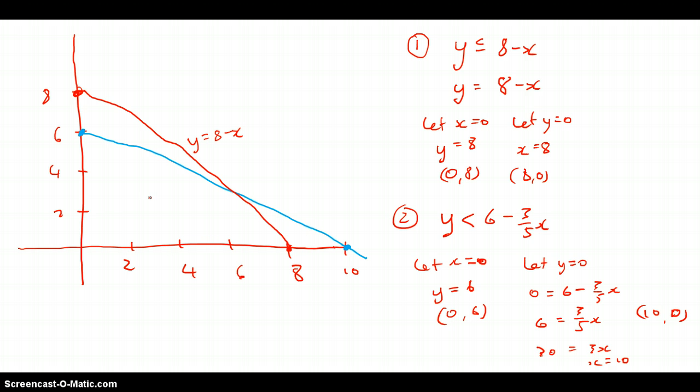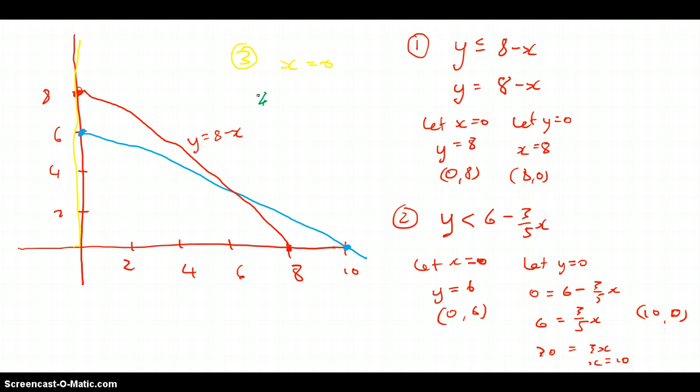Cool. Now, I need to draw my third line, which is x is equal to 0. So x is equal to 0 will be along this line here. It's going to be a vertical line along the y-axis. And my fourth line is going to be green.